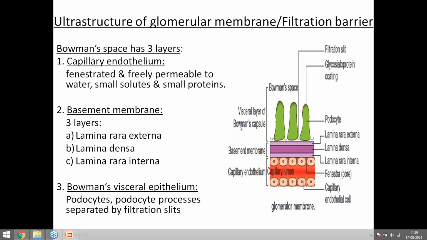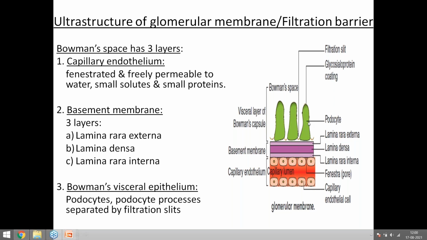Then coming to the third layer, Bowman's visceral epithelium, or the inner layer of Bowman's capsule, which forms the third layer of the glomerular membrane. This is formed by special cells called podocytes, which are very characteristic of the filtration barrier. Podocytes have finger-like processes which encircle the outer surface of the capillaries.